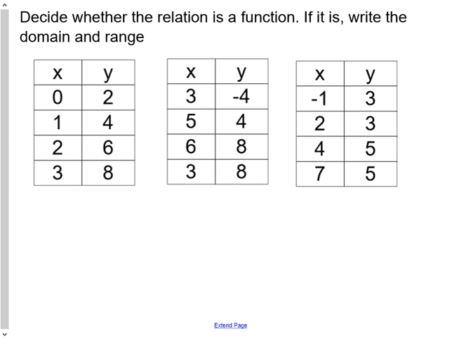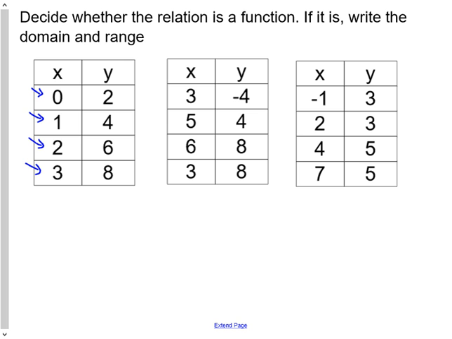All the problems in this lesson are going to ask you to determine whether the given information is a function. If it is, we're going to write the domain and range. If it is not, you're just going to say no. We've done these before in tables, and again, we're looking for a red flag. A red flag is a repeating x value. Looking at my x's, I see 0, 1, 2, 3.